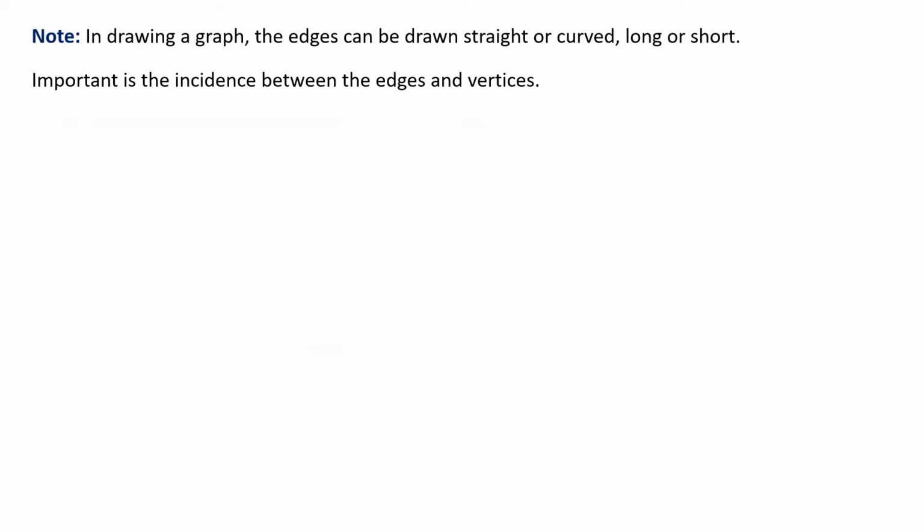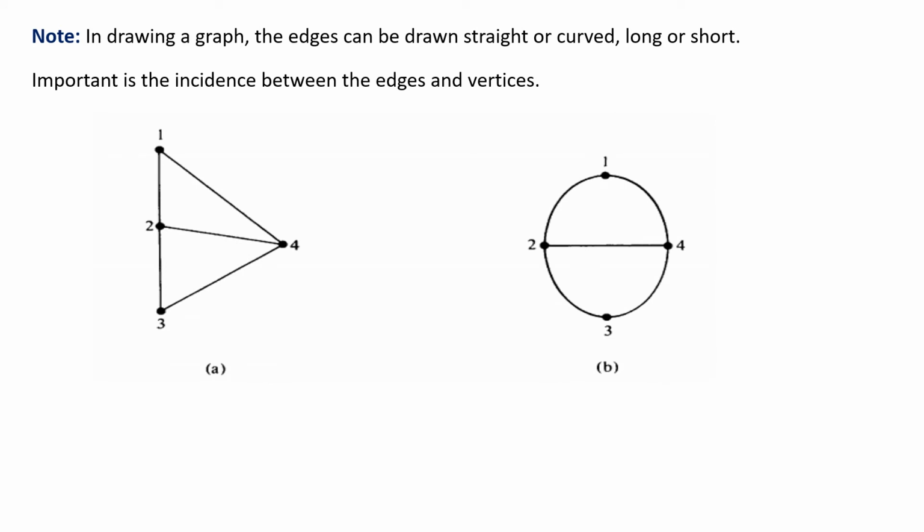Note that in drawing a graph, the edges can be drawn straight or curved, long or short. Important is the incidence between the edges and vertices. Now see the example. Here there are two graphs A and B. Here vertex 1 is incident with vertices 2 and 4.